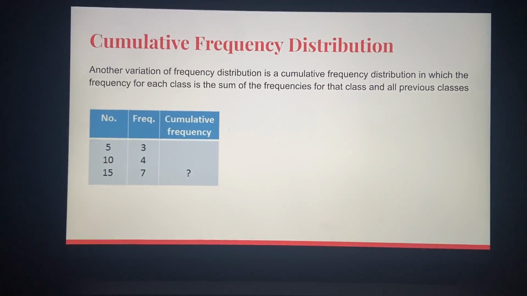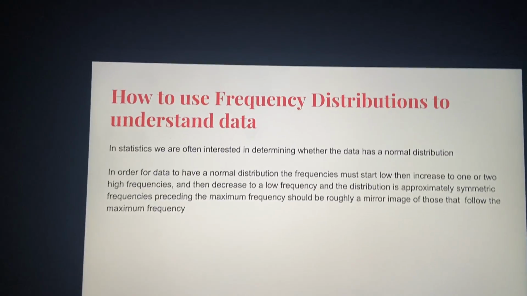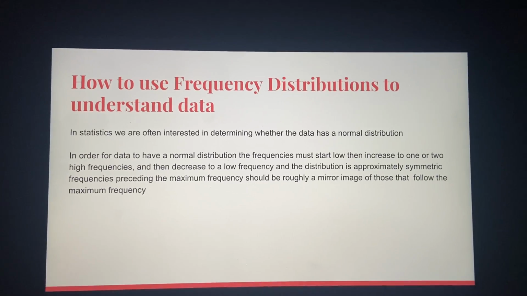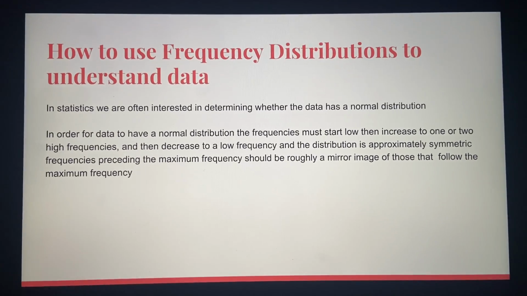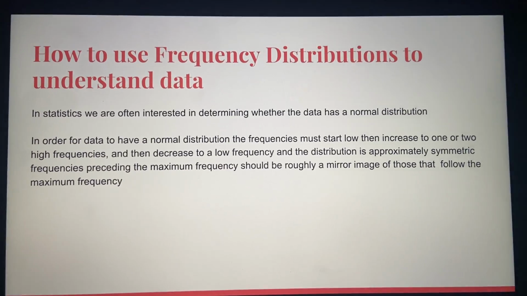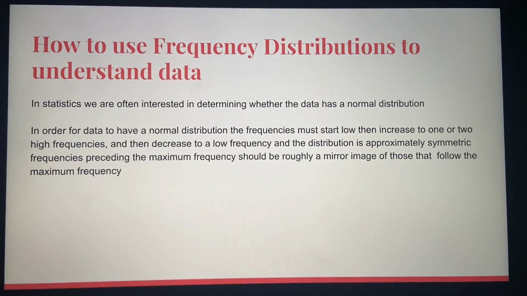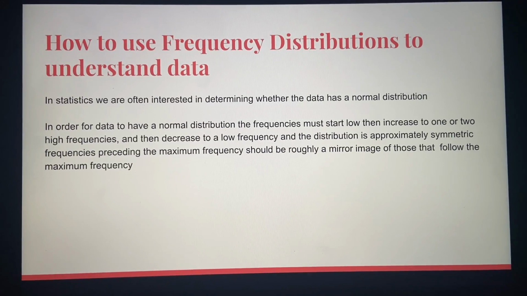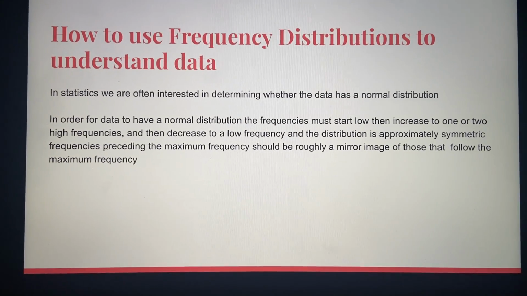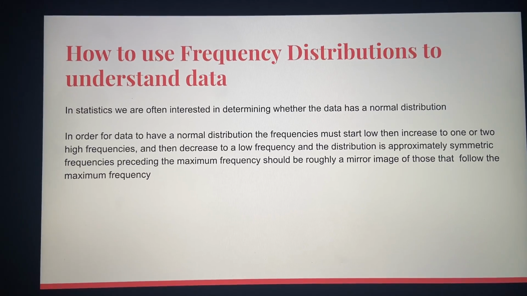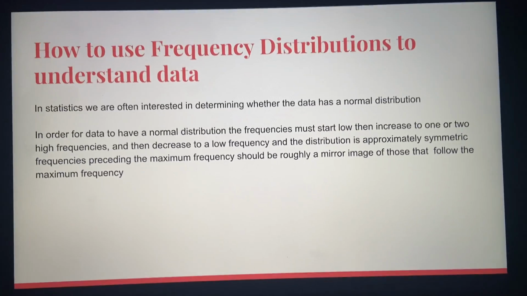Let's move on. Okay, so now you may be asking how to use frequency distributions to understand data. In statistics, we are often interested in determining whether the data has a normal distribution. And in order for data to have a normal distribution, there are a couple of things that must be met and guidelines that are in place.